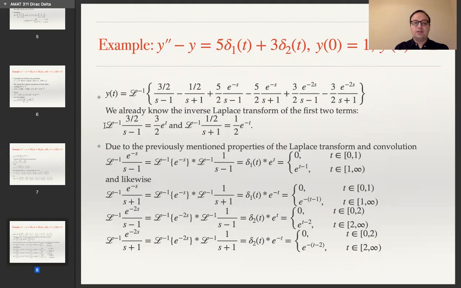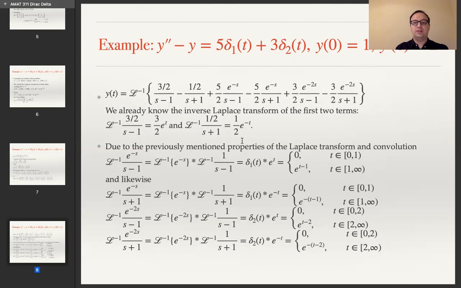So as we have already done in previous courses, the inverse Laplace transform of 3/2 over s minus 1 is 3/2 e to the t, and the inverse Laplace transform of 1/2 over s plus 1 is 1/2 e to the minus t.